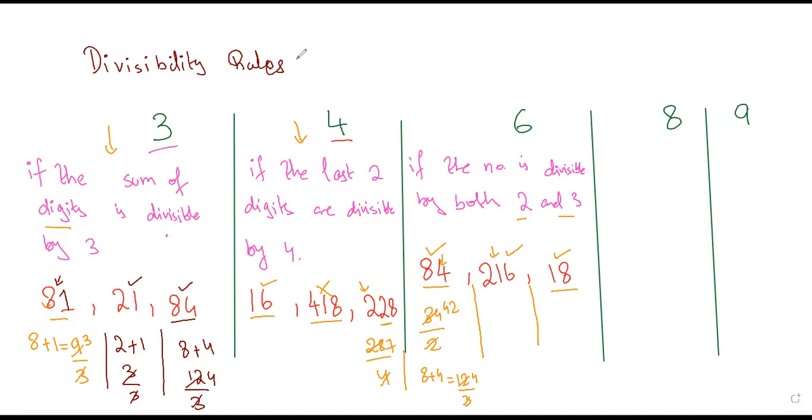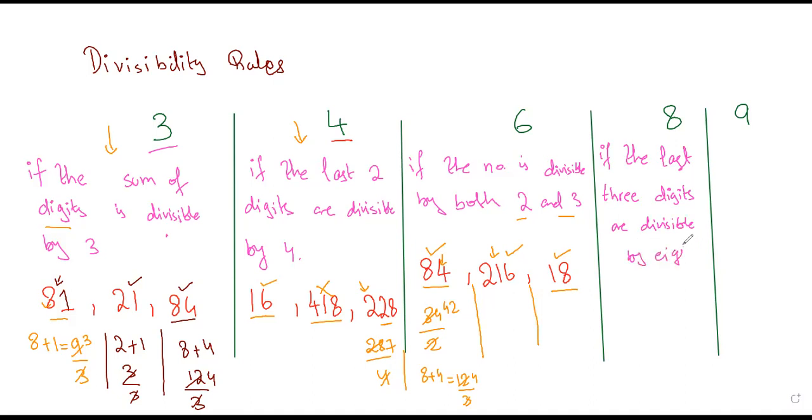Now let's quickly talk about 8 and 9. If the last three digits are divisible by 8.